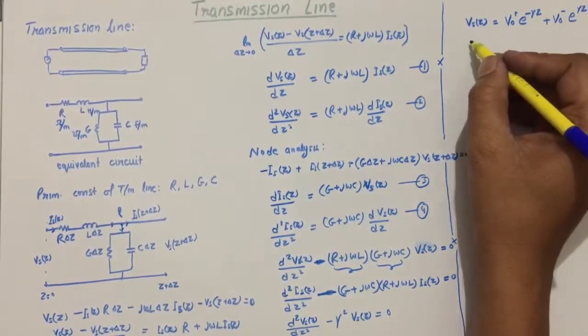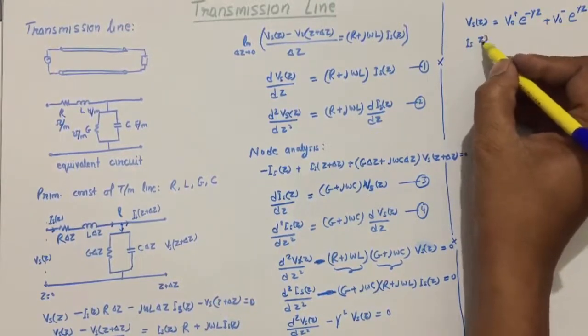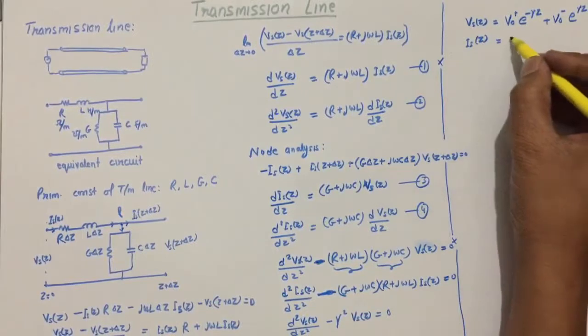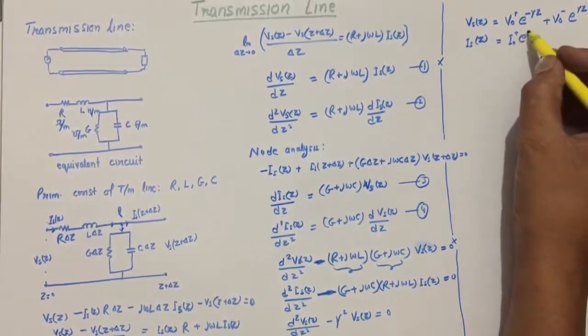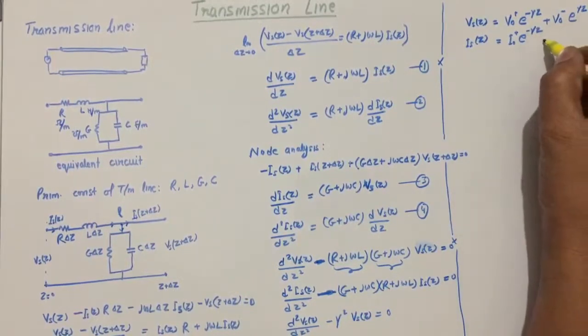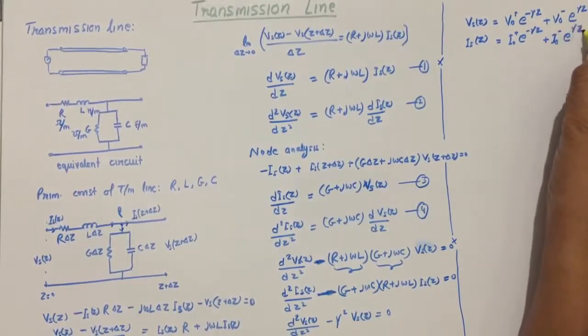And similarly we can write for current as well, I_s(z) will be equal to the positive traveling current wave plus the negative traveling current wave.